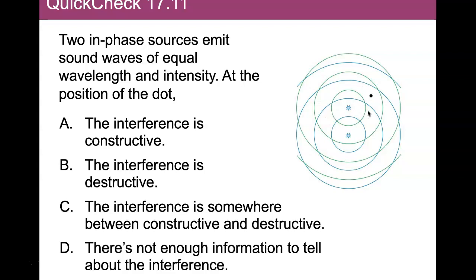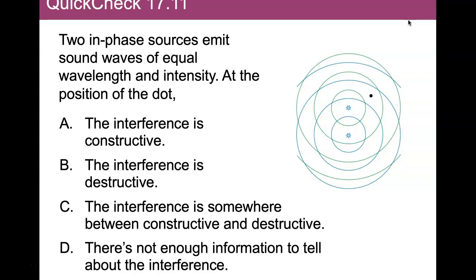All right, so it seems that it's halfway between the two green crests. So it's a distance 1.5 lambda from the top source. And it's also between the second and third crest corresponding to the bottom source. So it's 2.5 lambda from the bottom source.